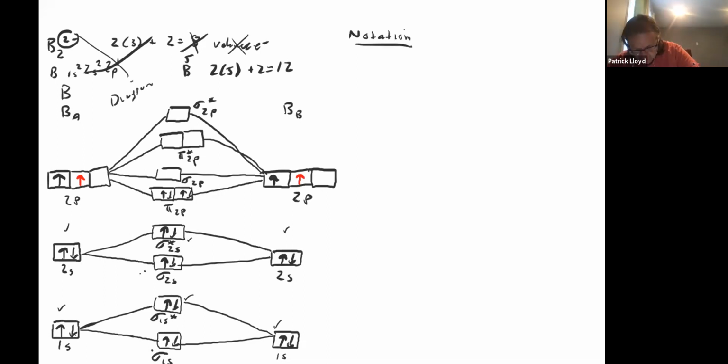Okay, now let's do the notation. What you do is you write the name of the orbital, sigma 1s, and then how many electrons are in it. I'm sorry, I was confusing myself.